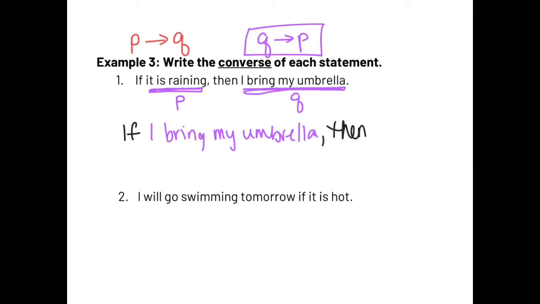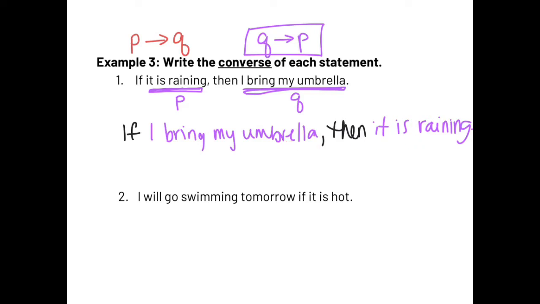You see that the words if and then are staying in the same spot. I'm not going to make it "then I bring my umbrella if it is raining," because then you're just reordering the original, it's still the same hypothesis and conclusion. So if I bring my umbrella, then it is raining.